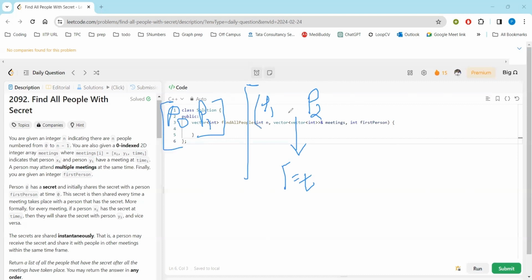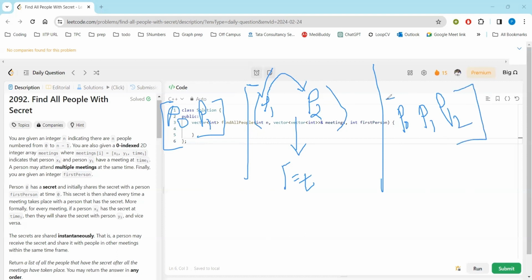Now, since there is a meeting between P1 and P2 and P1 knows the secret, P1 will pass the secret to P2. Now, after this time frame, we can say P0, P1 as well as P2 know the secret. That's what this point is saying.